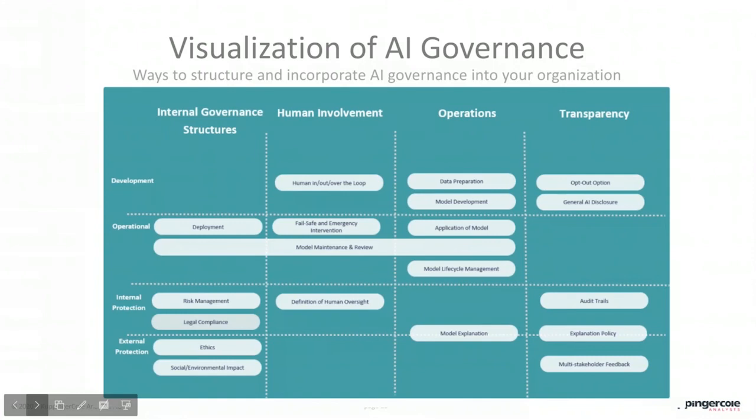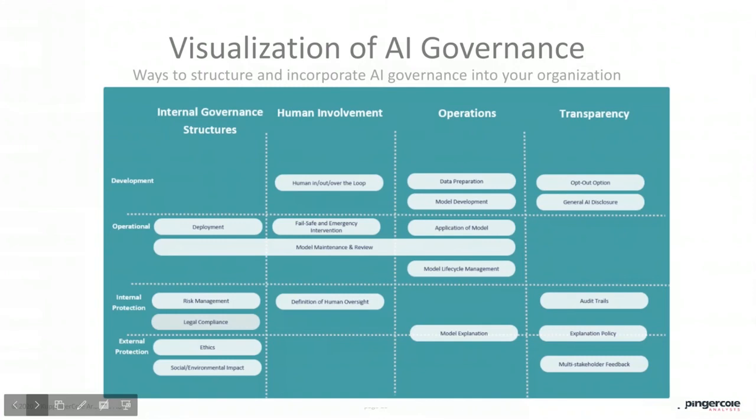When we read it from left to right, we can see the major areas that an organization should pay attention to. So things like internal governance structures, human involvement, operations, and transparency. On the left side, moving down, you can see the areas that governance actions are relevant to. So to development, to operations, the protection of internal stakeholders, and the protection of external stakeholders.